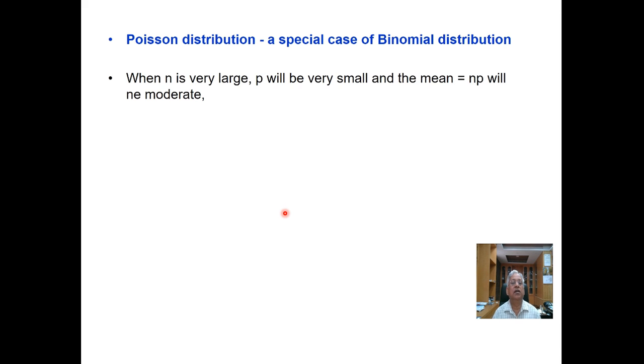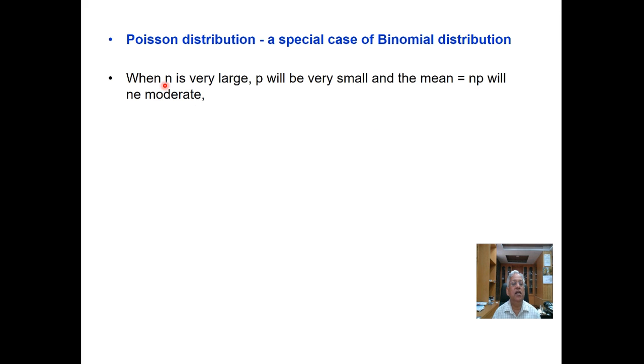If you remember, in binomial distribution, P is the probability of success and Q is the probability of failure. There are only two events that can occur, either failure or success, and NP is the mean.